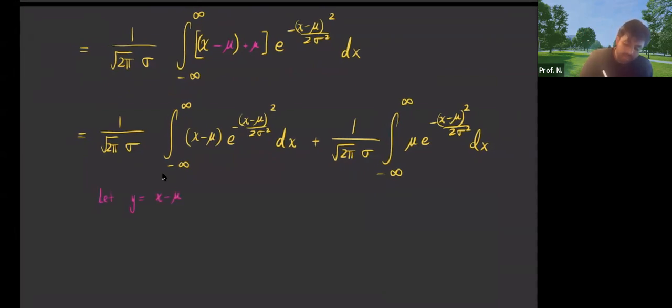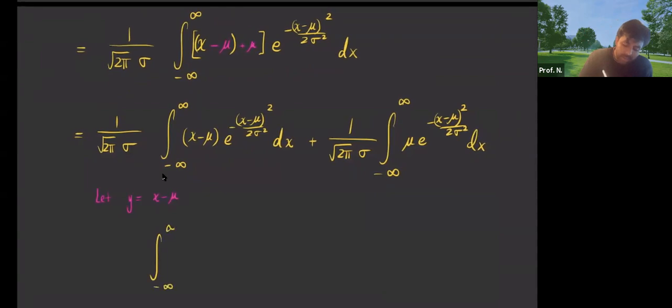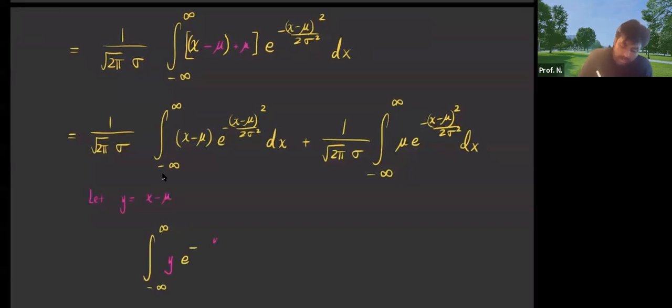The bounds don't really change, they stay the same. Instead of calling it x minus mu, I'm going to call it y. So this would be e to the negative y squared over 2 sigma squared dy. This is 1 over the square root of 2 pi sigma, right? That's all I did. All I did was rewrite it.